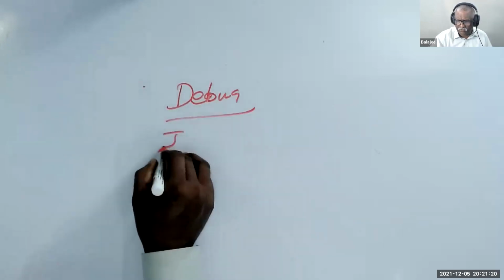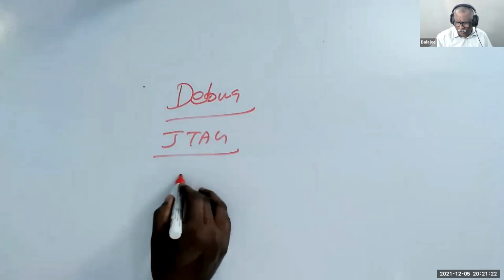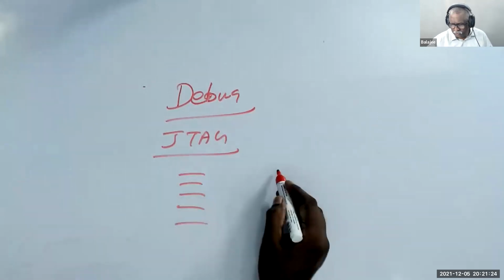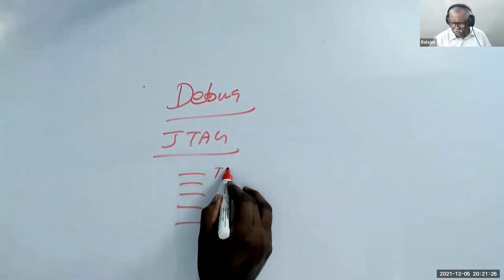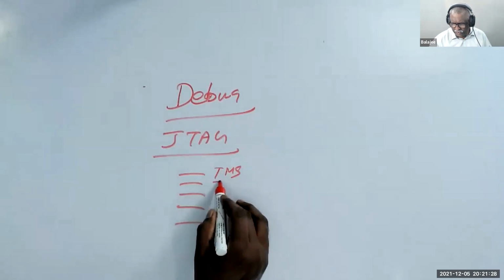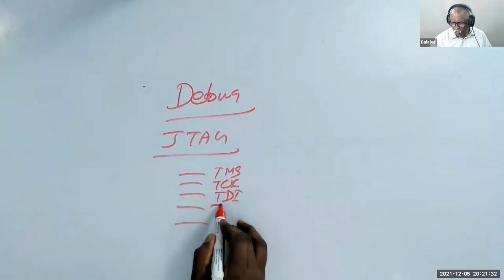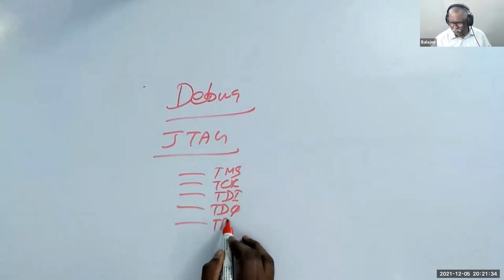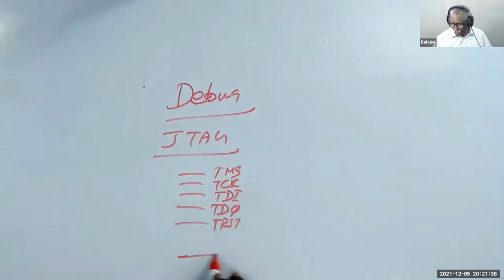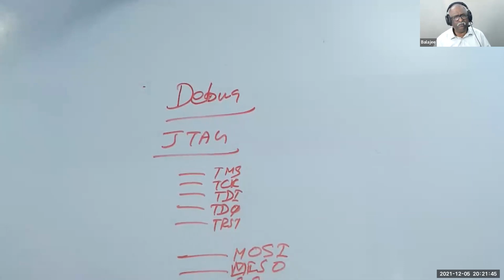We have the JTAG interface, 5 wires: TMS, TCK clock, TDI, TDO, and TRST. Like SPI, you have 4: master out slave in, master in slave out, SS slave select, and clock SCK.